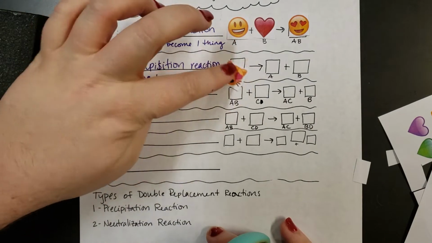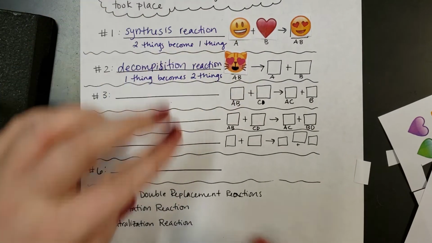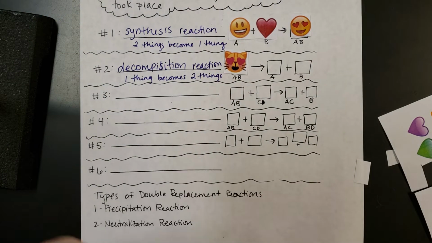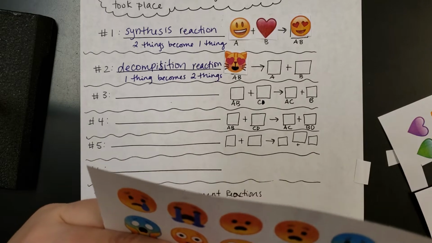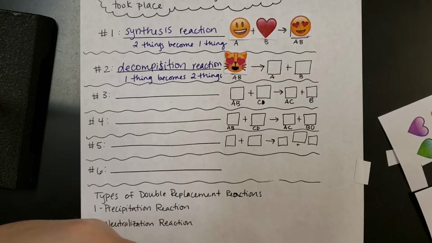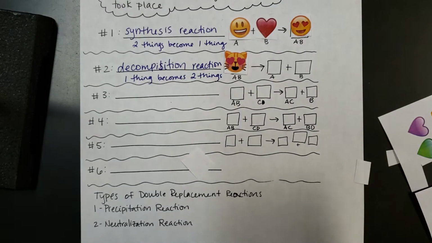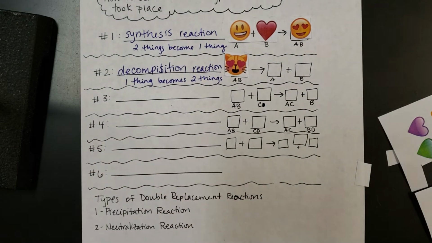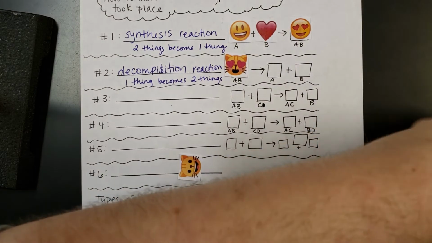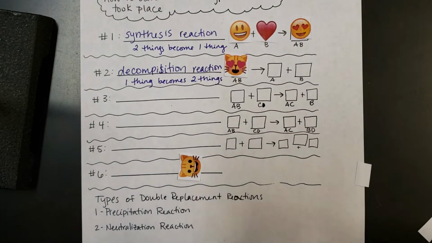So this is my 2 things that are combined, and then they're going to decompose into 2 separate things, which is going to be a regular cat and then another heart.